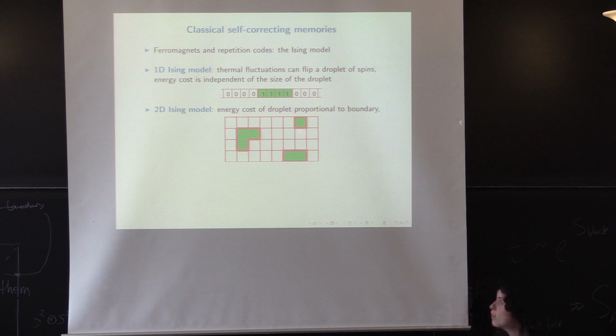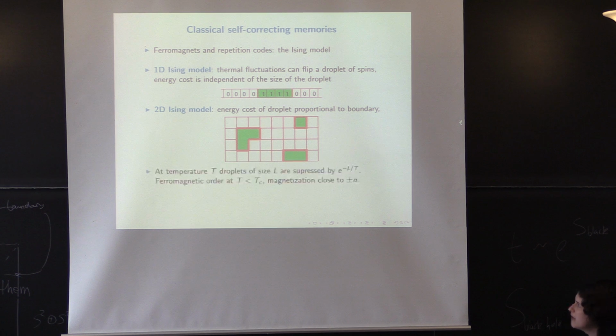This does not happen for the two-dimensional Ising model, because in this model, the energy cost of a droplet is proportional to the boundary, which now scales with the size of the droplet. And so at some temperature T, droplets of size L are suppressed by this Boltzmann factor, e to the minus L over T. This can be used to argue that the model exhibits ferromagnetic order below some critical temperature.